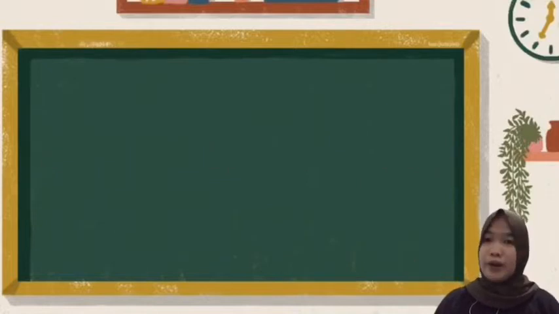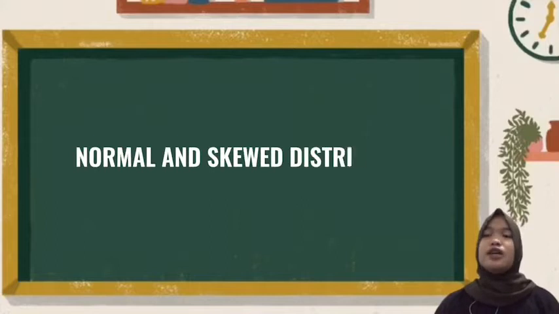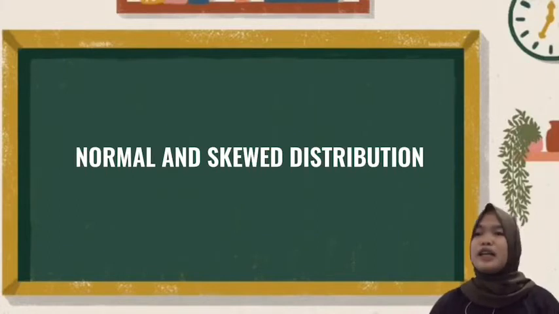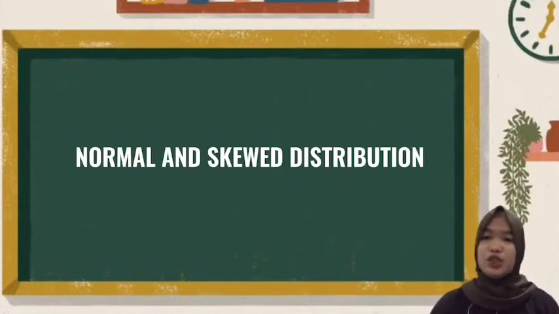And in this part, I will discuss to you the normal and skewed distribution. So the normal and skewed distribution is the use of statistical concept in assessments. It is one of the most important statistical concepts which gives meaning to the scores of the students.